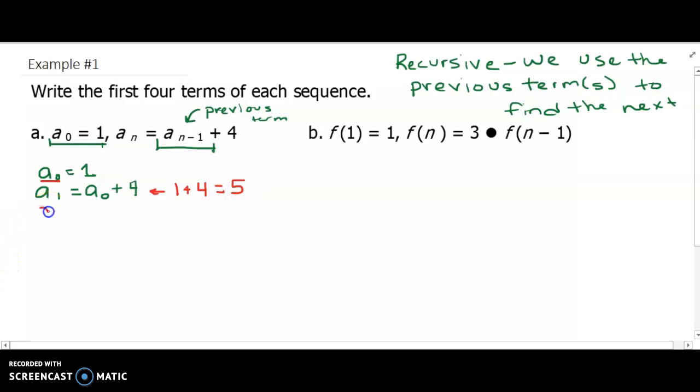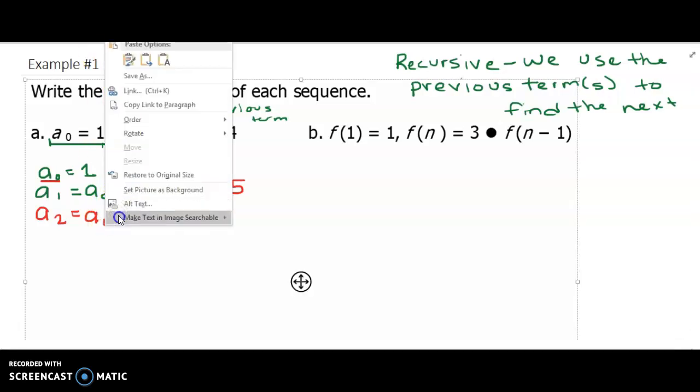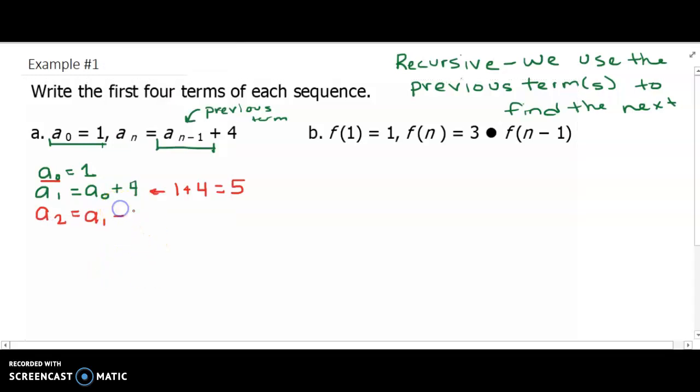Now, a sub 2 is going to equal a sub 2 minus 1, or just a sub 1, plus 4. Now, a sub 1 is 5, so this is just 5 plus 4, which is 9.